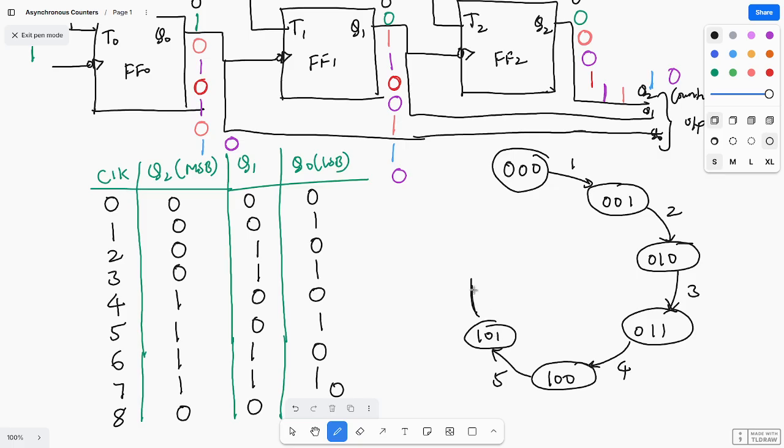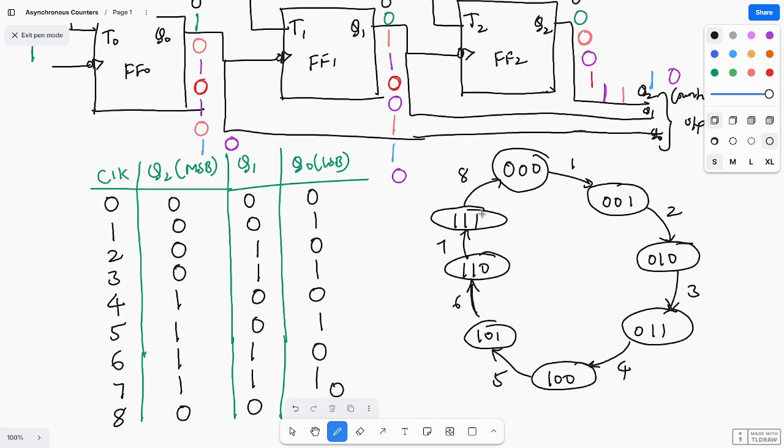The sixth clock goes to 110. The seventh clock goes to 111. And at the eighth clock, it comes back to the initial state.